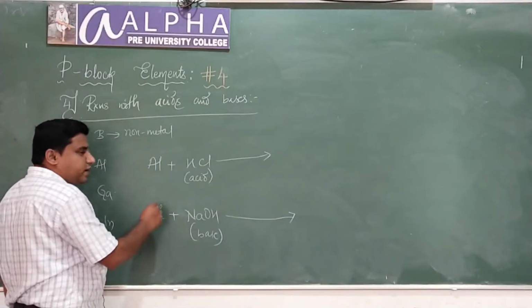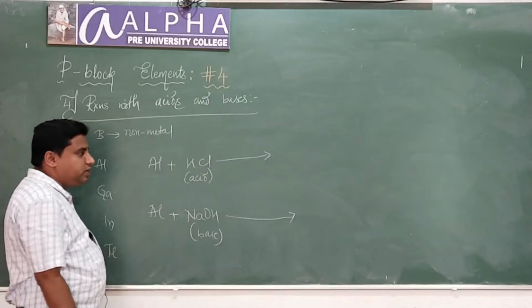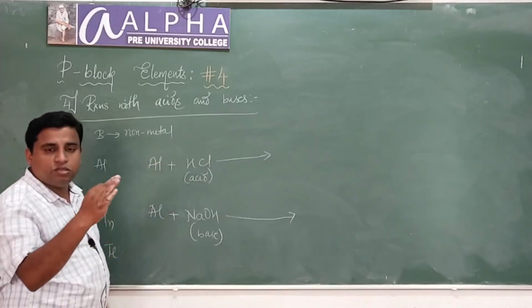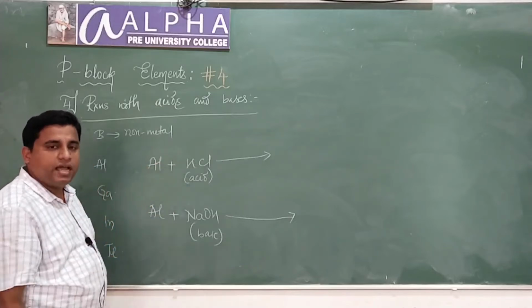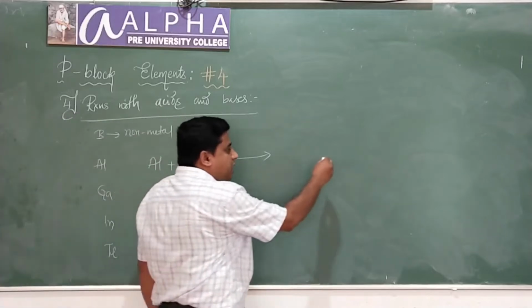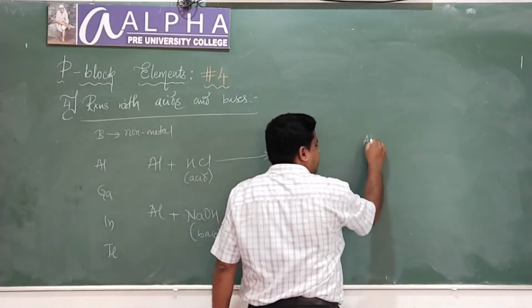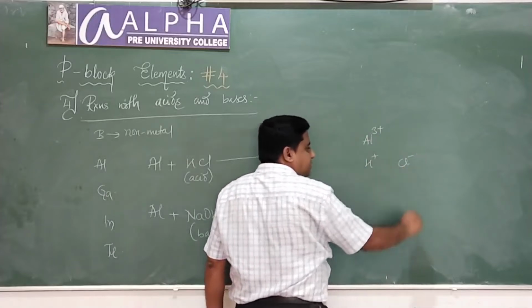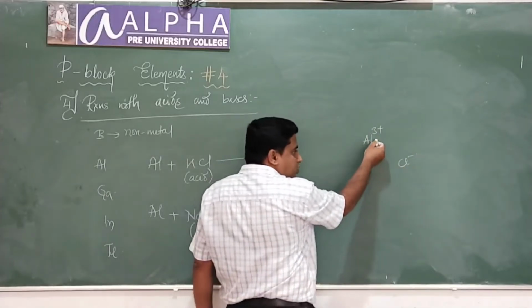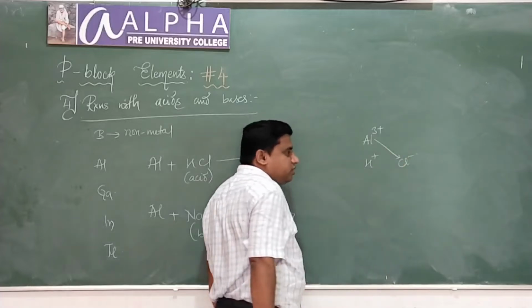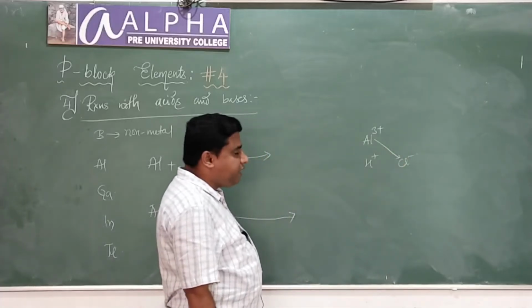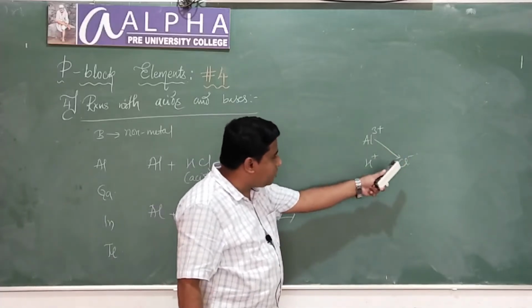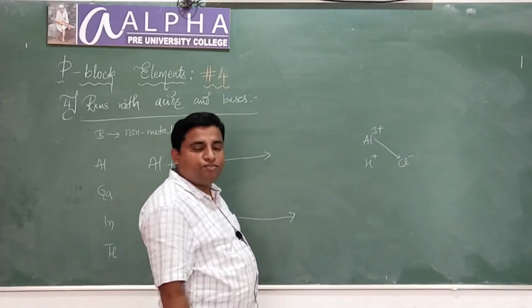How do we write the reaction? You just have to interchange the ions, I told you. Aluminium exists in its oxidation state 3 plus. In HCl we have H plus and Cl minus. This cation will react with this anion. What is the product formed?